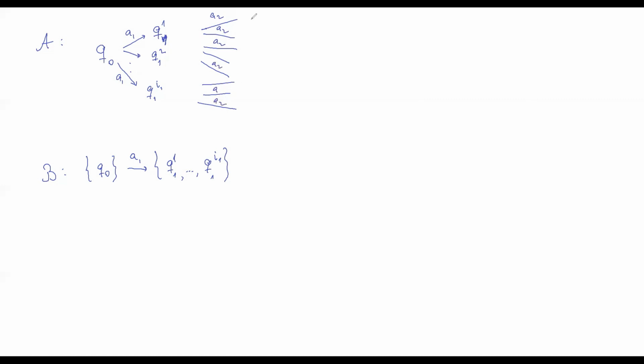And that's going to give me a bunch of states, and maybe this is q2,1 and q2,2 and q2,i2. So again, I reach one of these states by taking any one of these and going with an a2 transition, and these are all the states I'm getting by taking all possible transitions with a2 from these states.